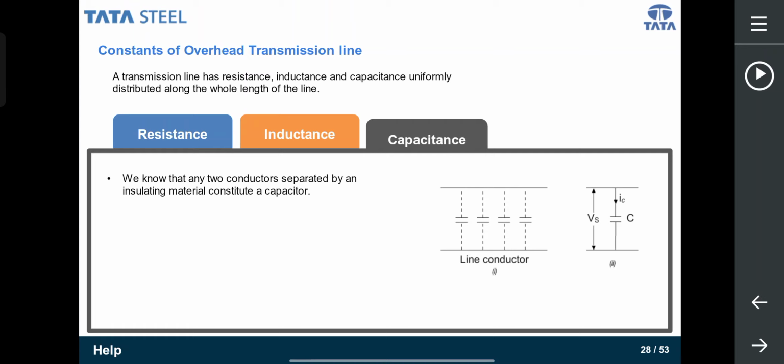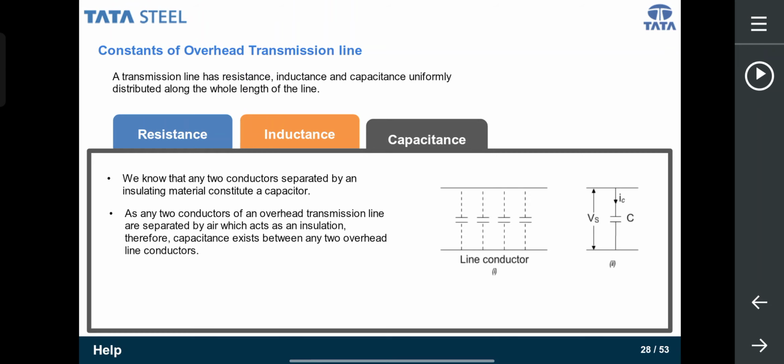We know that any two conductors separated by an insulating material constitute a capacitor. As any two conductors of an overhead transmission line are separated by air, which acts as an insulation, capacitance exists between any two overhead line conductors. The capacitance between the conductors is the charge per unit potential difference.